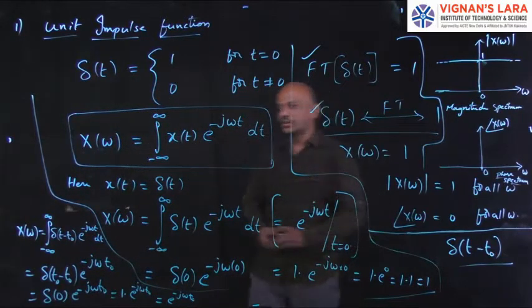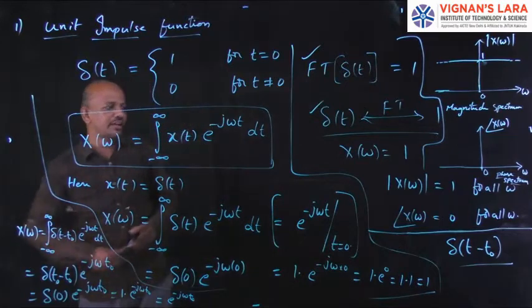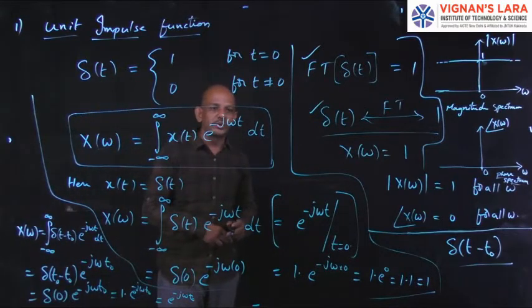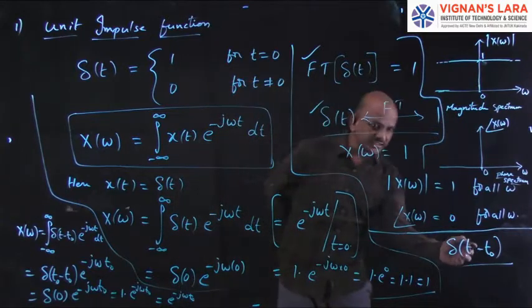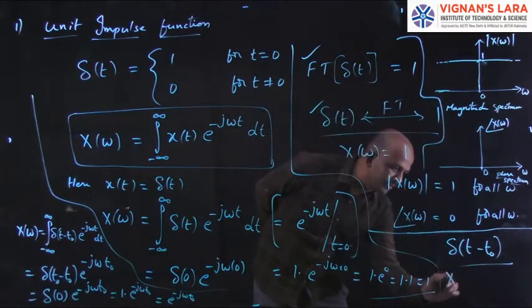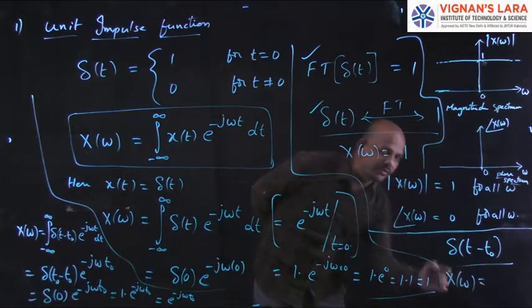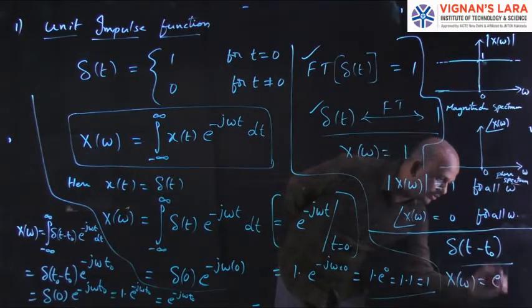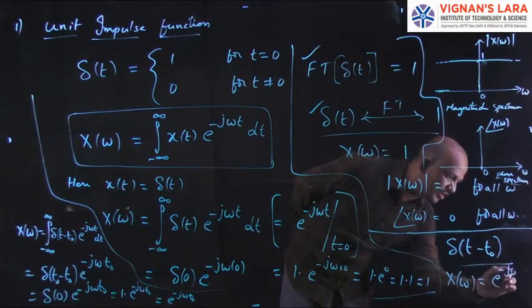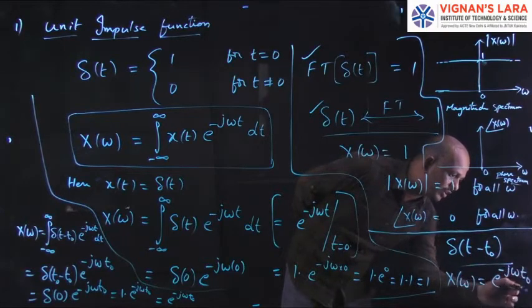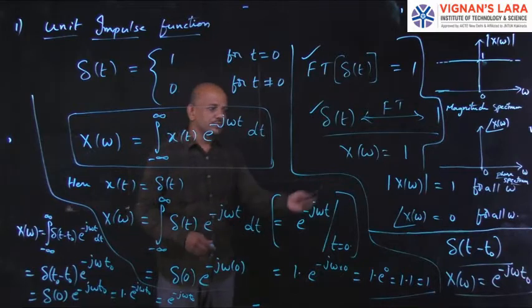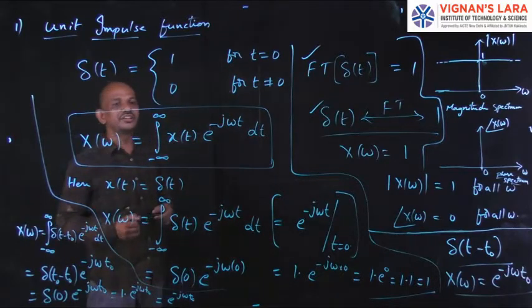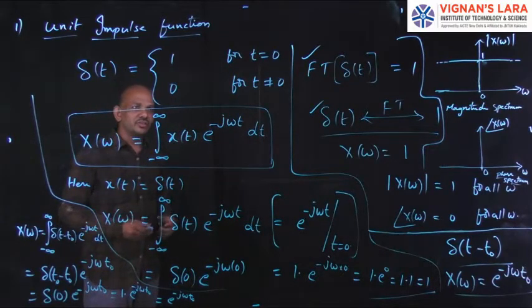So finally what we got? The Fourier transform of del of t minus t naught will be equal to e power minus j omega t naught. So for this function, the Fourier transform X of omega will be equal to e power minus j omega t naught. Clear? So this is the first function, that is the unit impulse function.